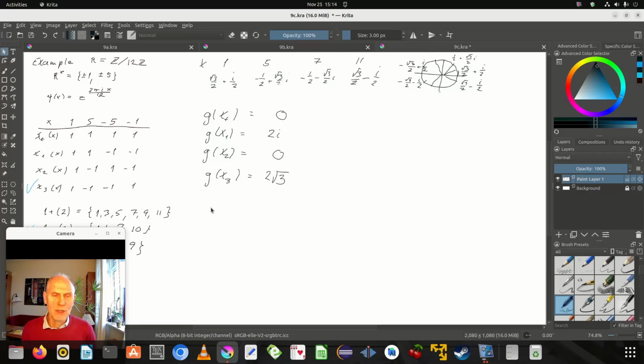That was the first thing, to compute the g values. Then we should compute the sum of chi of x times psi of ax for some a, and let's just take 2.